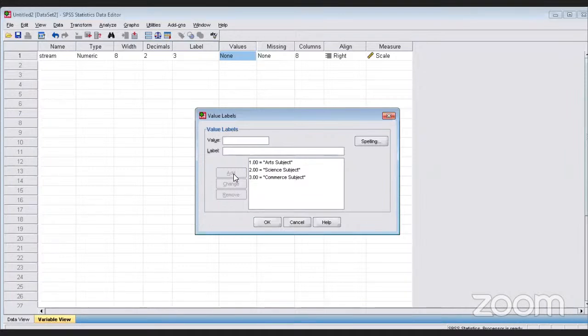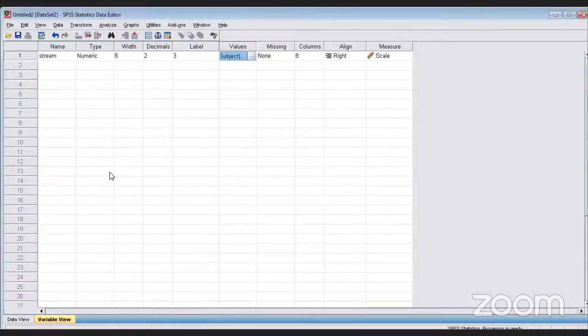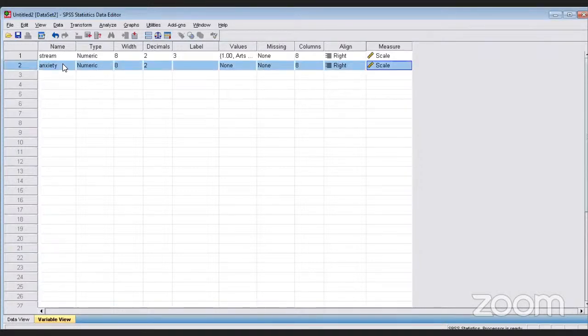But if I write commerce, arts, and science, then I have to follow that particular sequence. So this you should understand. Now next is anxiety. And anxiety is continuous, so therefore I do not have to do anything.